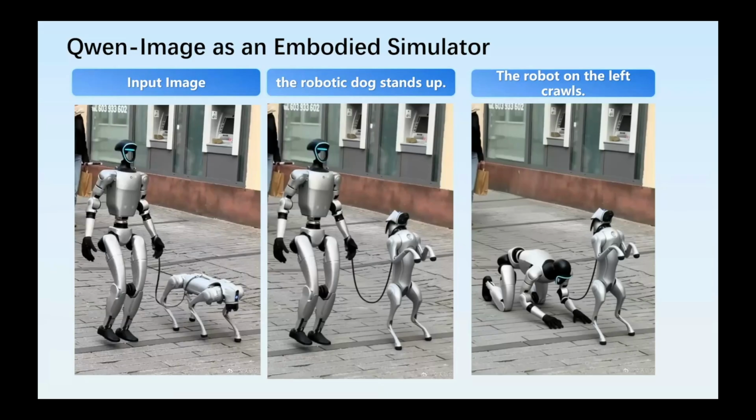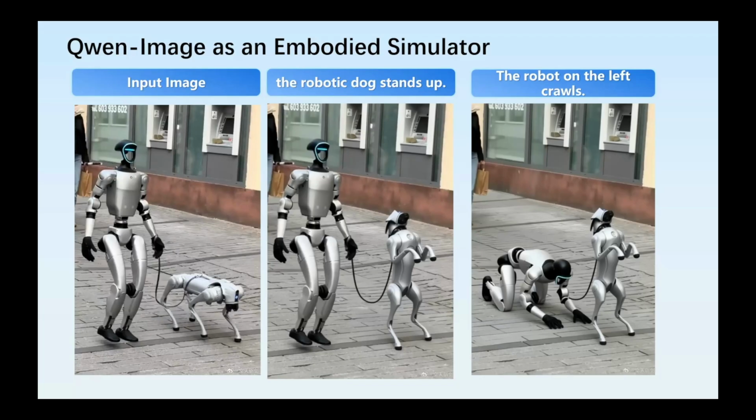Queen Image generates a new scene where the dog lifts its torso and front legs, transitioning from a crouched position to standing upright, while still attached to the leash. Next, the robot on the left crawls. The model renders the humanoid robot dropping to all fours, crawling forward on hands and knees, maintaining spatial coherence with the dog and the environment.